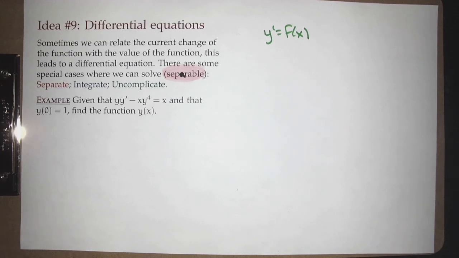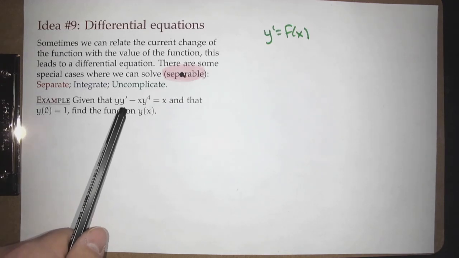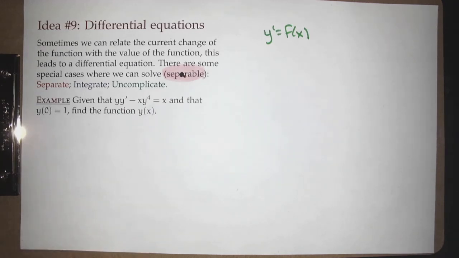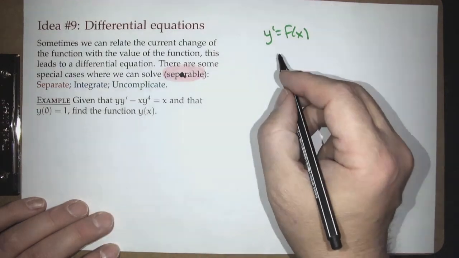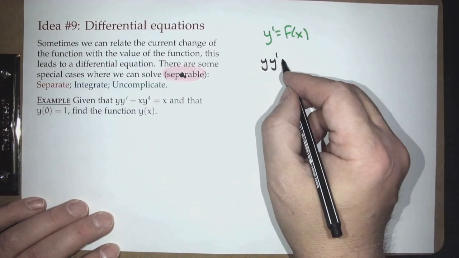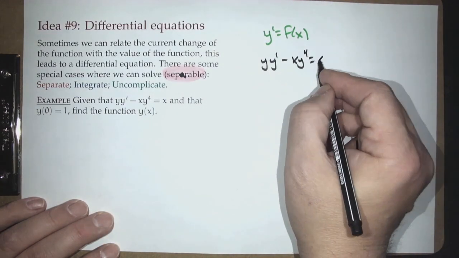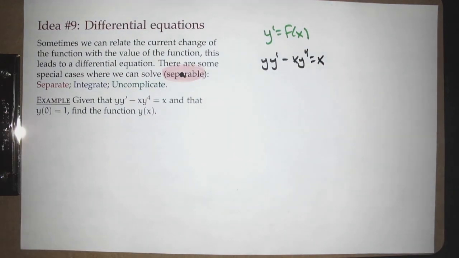It may or may not be, so be careful. But again, if you see a y prime and you see other stuff with y, that's your clues. So what do we need to start doing? Separating. Now, can we separate right away? It's not looking great. What are some things we can do?